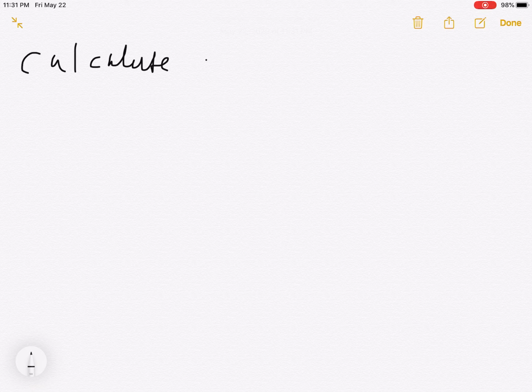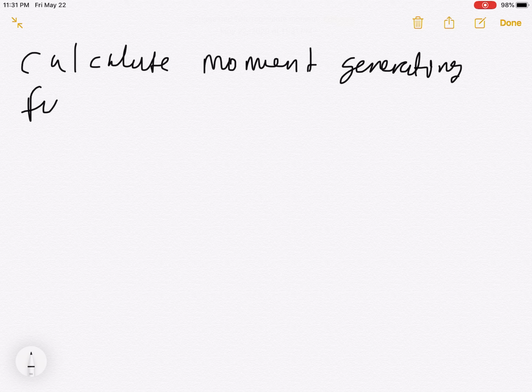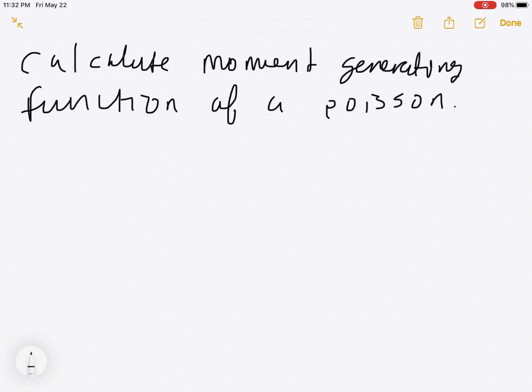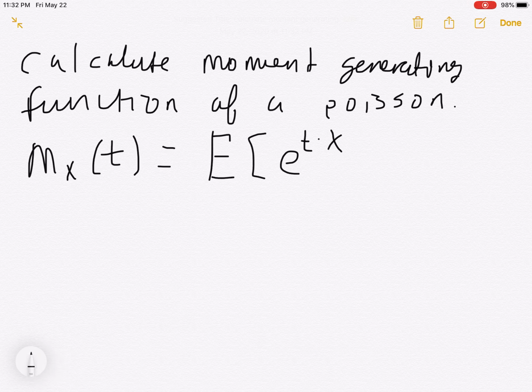So I want to calculate the moment generating function of a Poisson. Okay. So to do that, I write down mx of t, and this is by definition the expected value of e to the t times x.